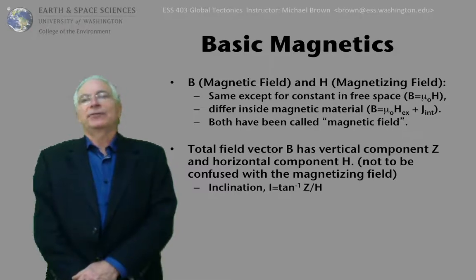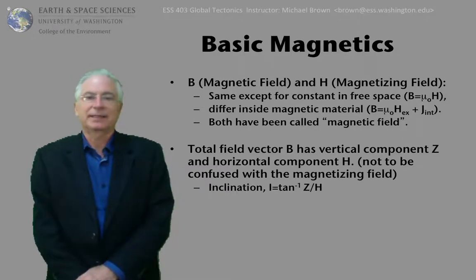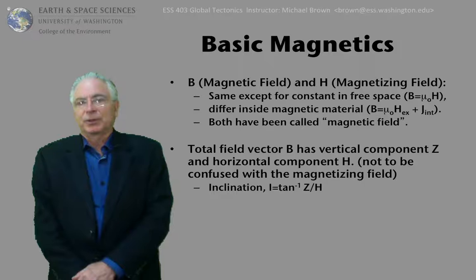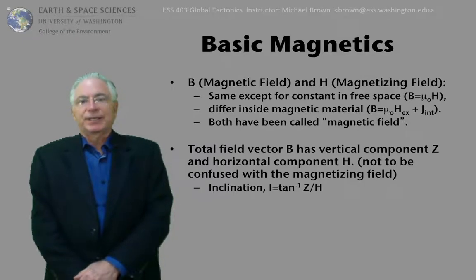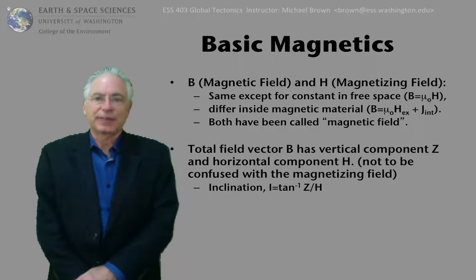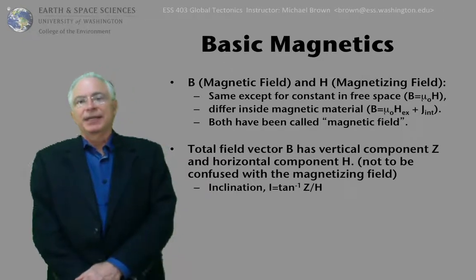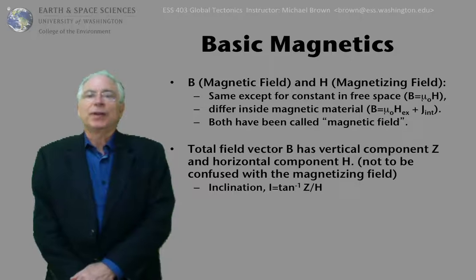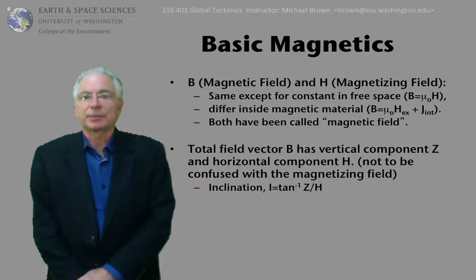So if you have a vertical and horizontal component of magnetic field, simple trigonometry says that the angle between horizontal and the direction of the magnetic field is given as the inverse tangent of the ratio of the vertical to horizontal component.